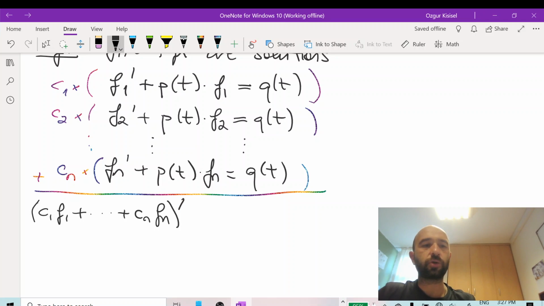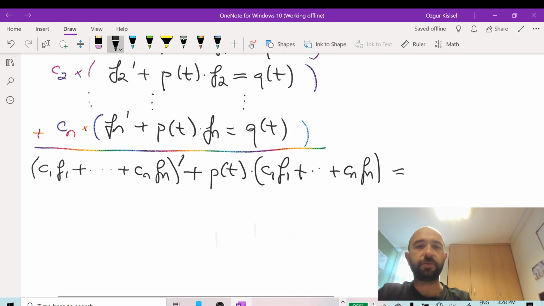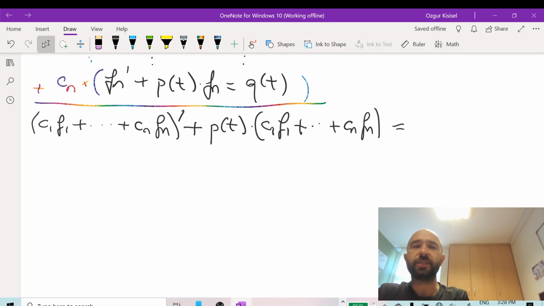Here is this certain linear combination of the functions, derivative, plus you can also take p(t) out of all of these terms, and you'll have the same function here, is equal to, on the right-hand side, you'll multiply q(t) by c1, c2, cn, so forth, so you'll have this term here.